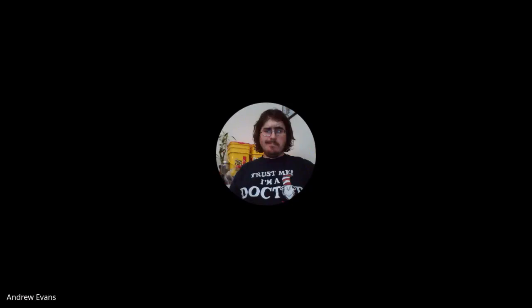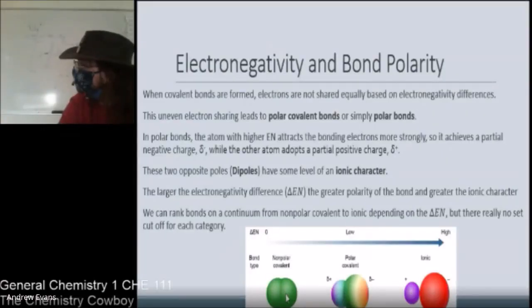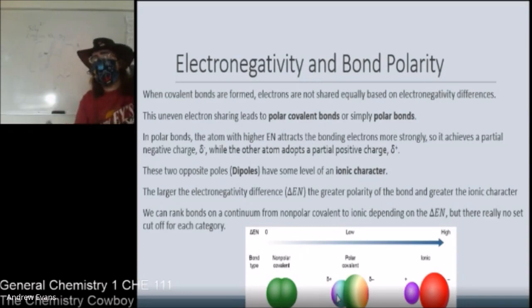You can see right here, this green structure is saying both atoms are equal, they're equally sharing. In this structure where we have a polar molecule, we have the electrons moving more so to the red side and less so to the blue side. Basically, if I am attracting electrons away from that center region, the electrons are spending more time on one side of the atom.